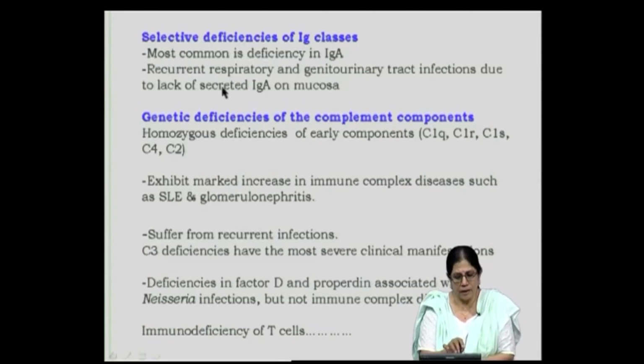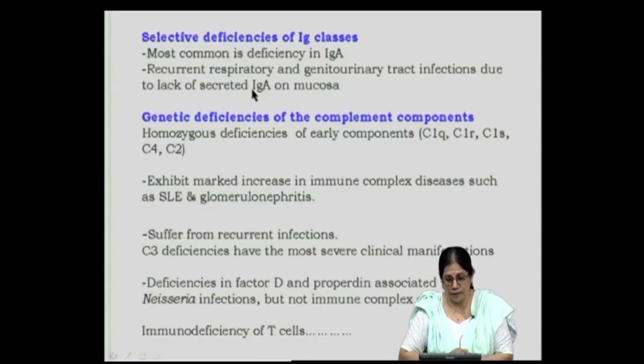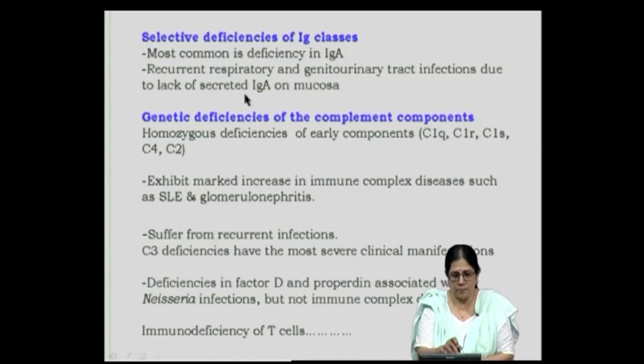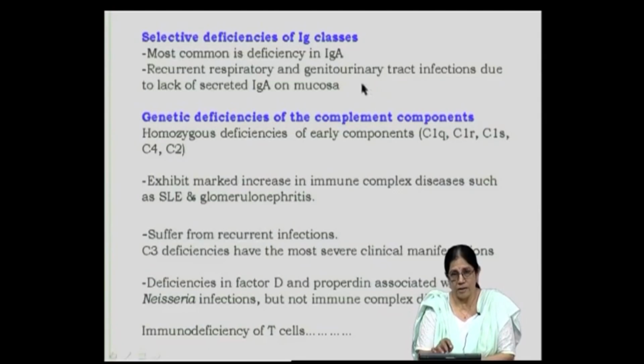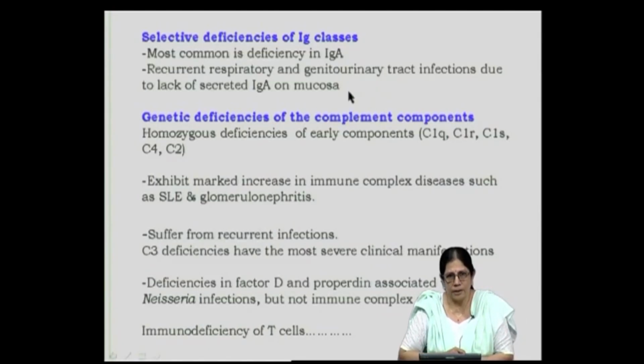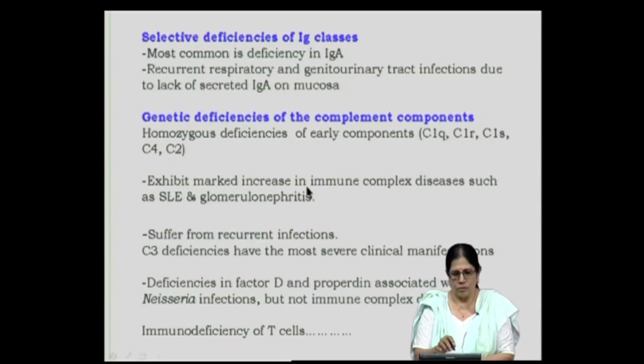Such individuals have recurrent respiratory and genitourinary tract infections, and one can imagine why, because you do remember that IgA is the class of antibody which is present in the lining of the mucosa. That is where IgA is extremely efficient with respect to counteracting pathogens. So, there are recurrent such infections.